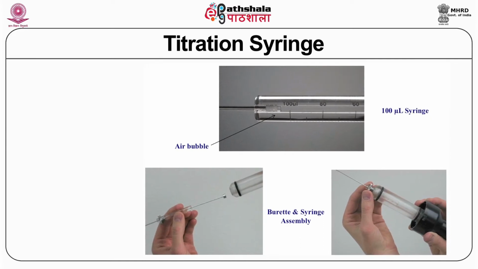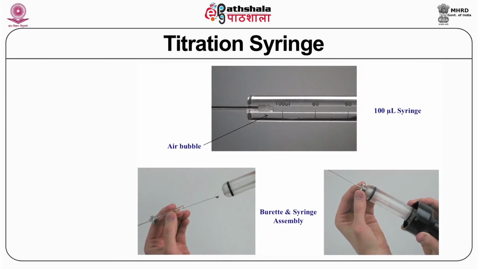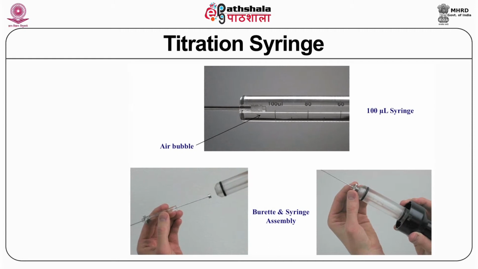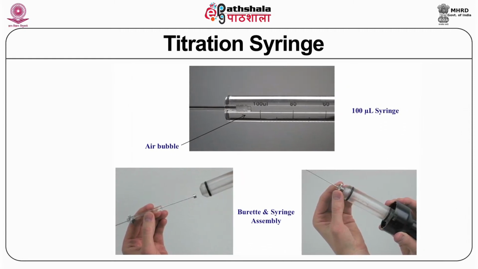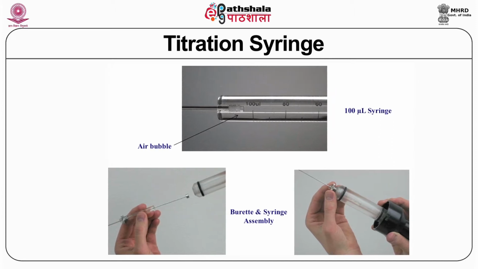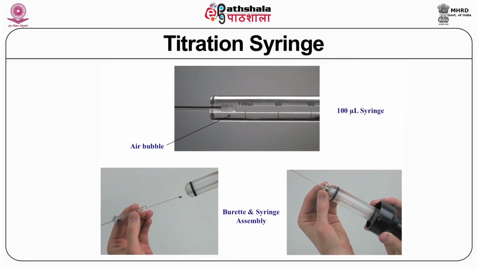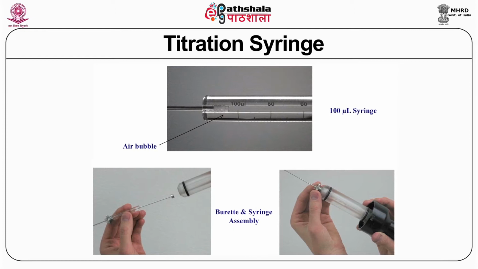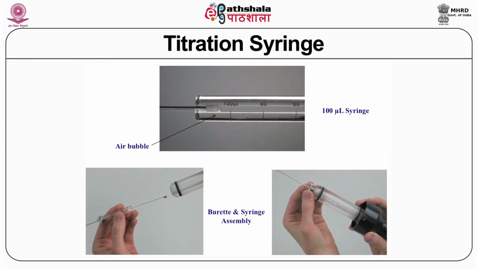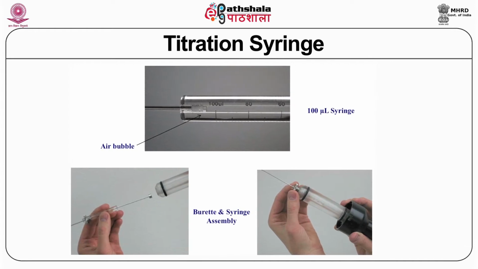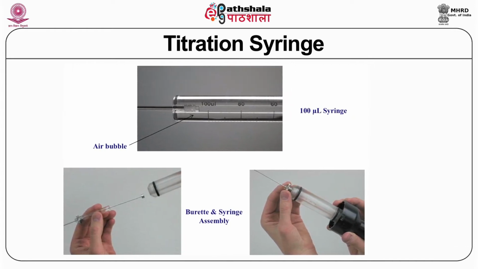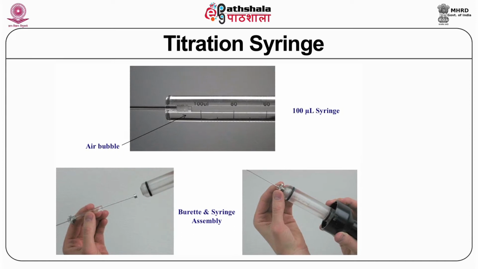You can see it much more closely, and when you load the sample, it is crucial that the sample doesn't have an air bubble. An air bubble is shown here only for your demonstration, to make you appreciate that these kinds of problems can occur. This is a 100 microliter syringe.